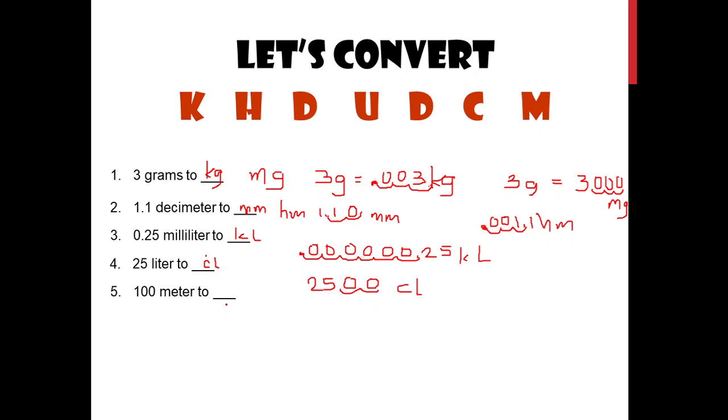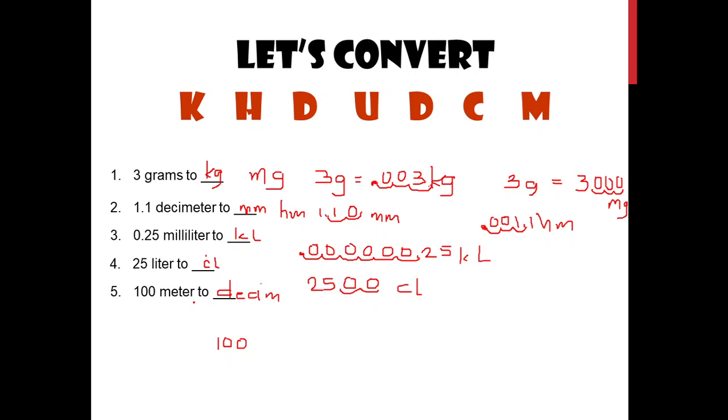Next example, 100 meter. I want to convert this one into decameter. Okay? I want to convert this one to decameter. So I'll just write 100 here.